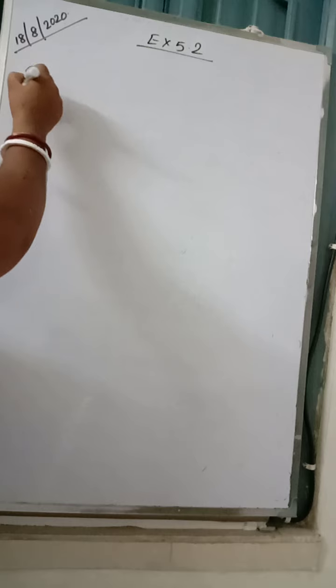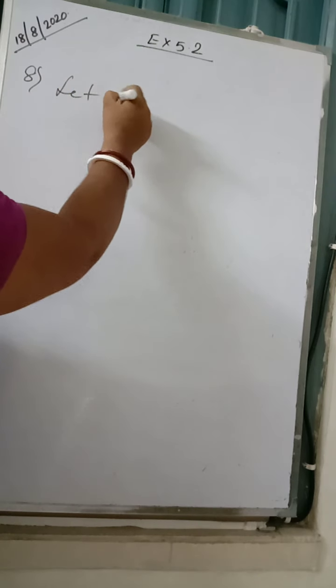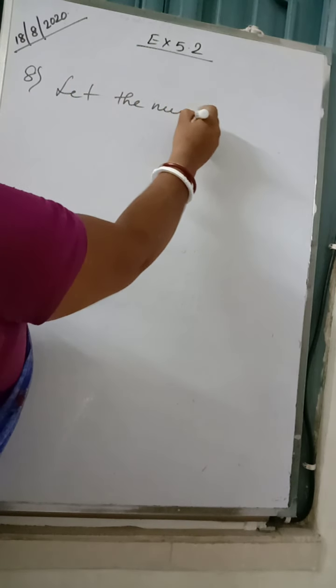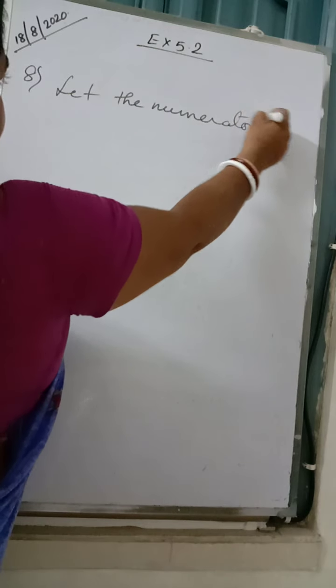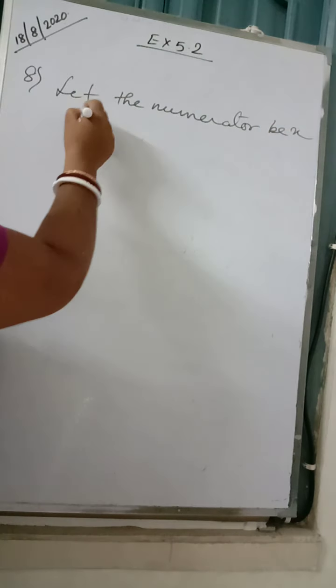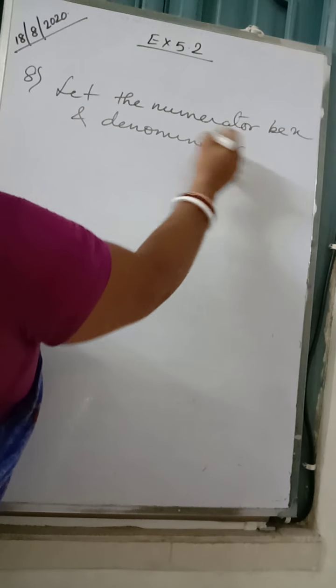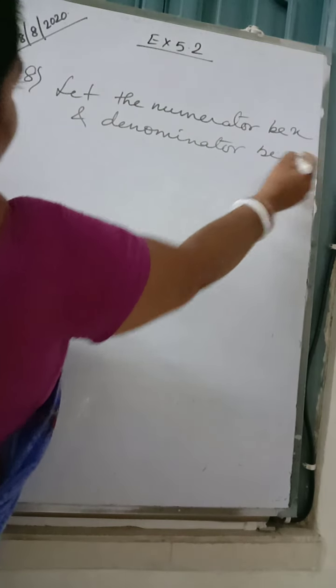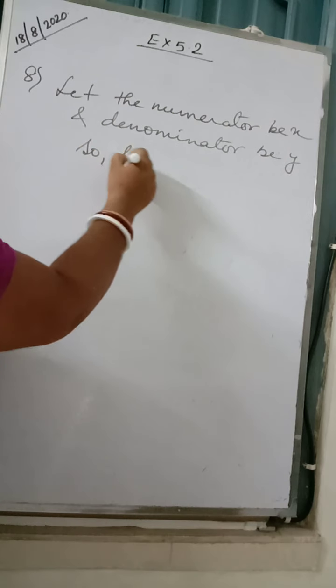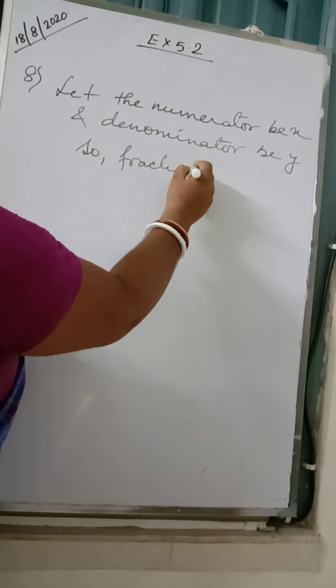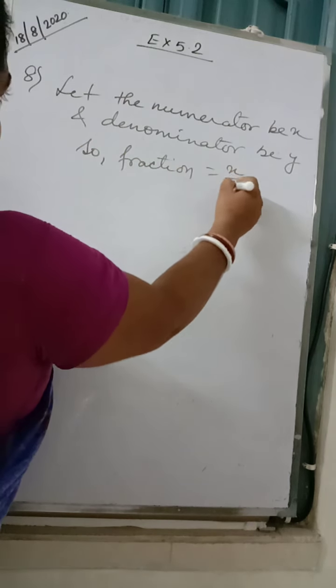First, question number 8. Let the numerator be x and denominator be y. So the fraction would be x by y.